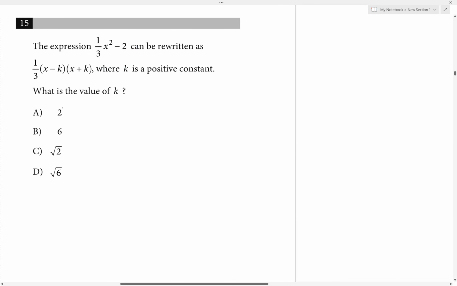So if we try 2, for example, this will make it 1/3 times (x minus 2) times (x plus 2). Let's just multiply these two parentheses together, so this will be FOIL. First term times the first term, x times x is x squared. On the outside is plus 2x.